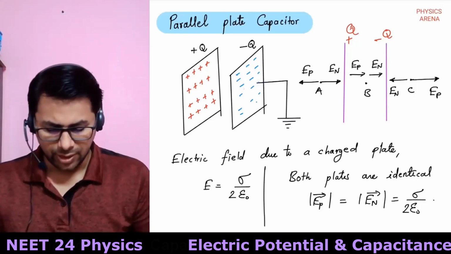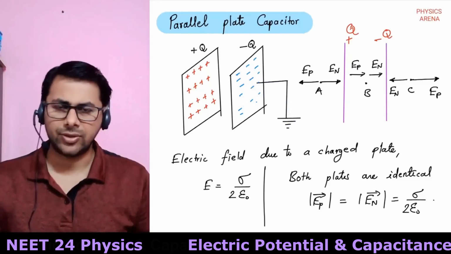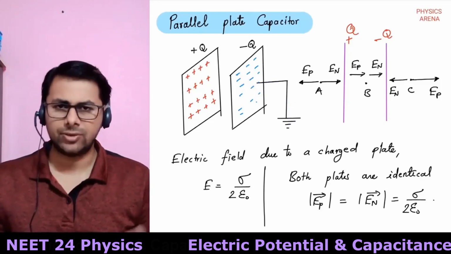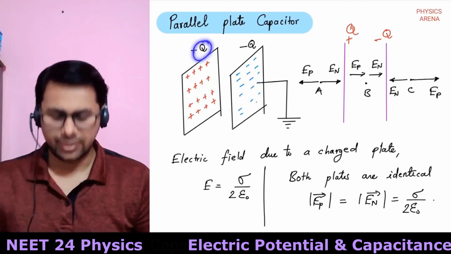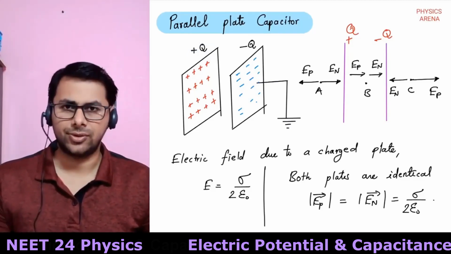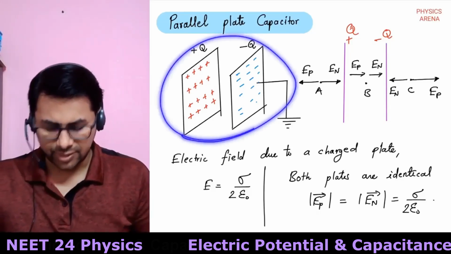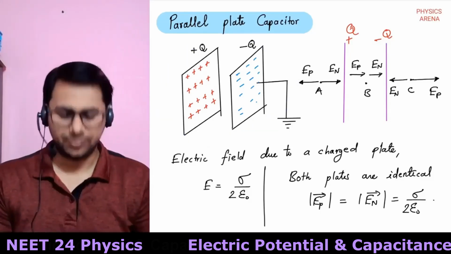So what will happen? The positive charge on the other side will go into the earth. So now you have these two plates, one at charge plus Q, the other at charge minus Q. How much is the capacitance of these two plates?